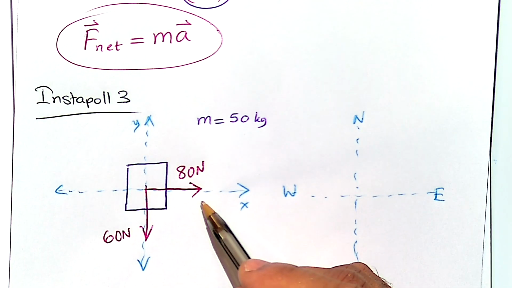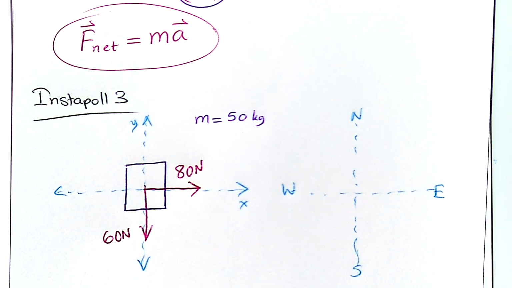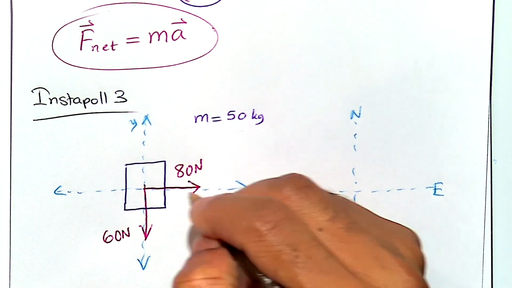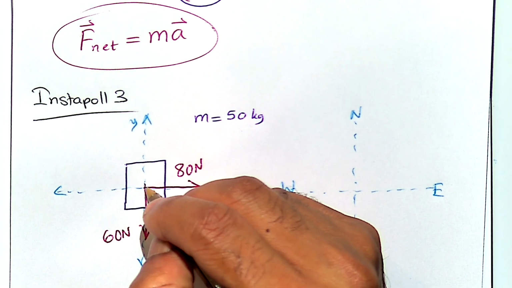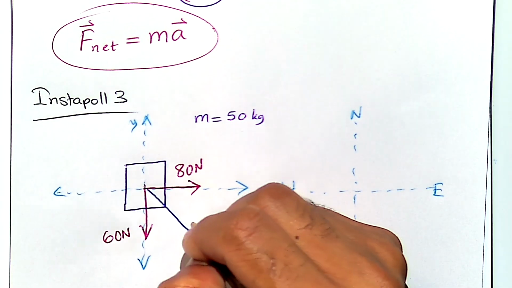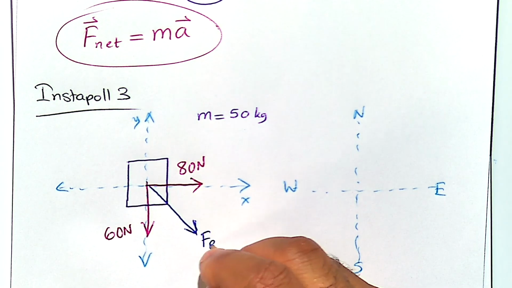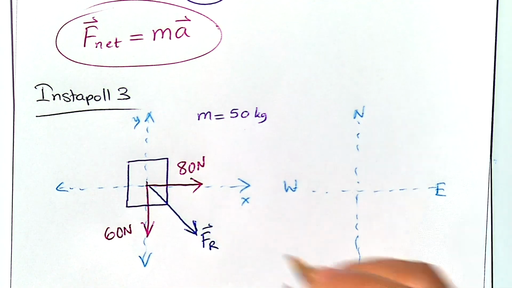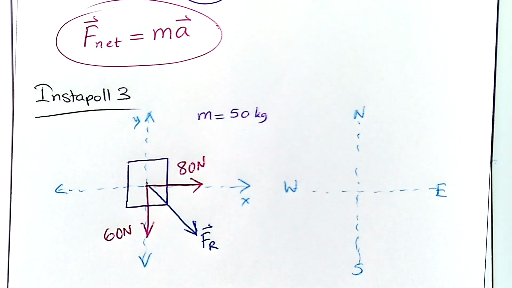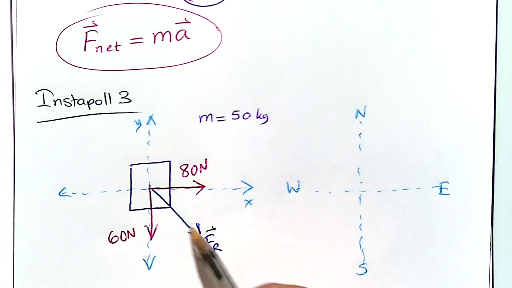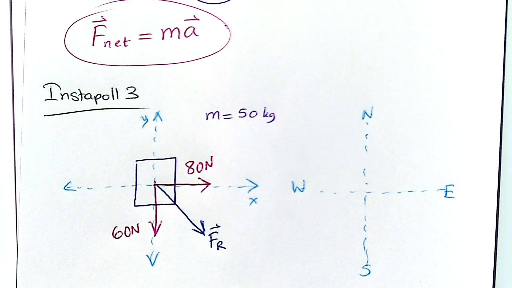So we have 2 forces, and we have to add them together. They're vectors, so you do vector addition. From looking at them here, when you add these together, the net result should be a force in that direction. We'll call that force the result. When you add this vector to this vector, you get a vector that points in that direction.